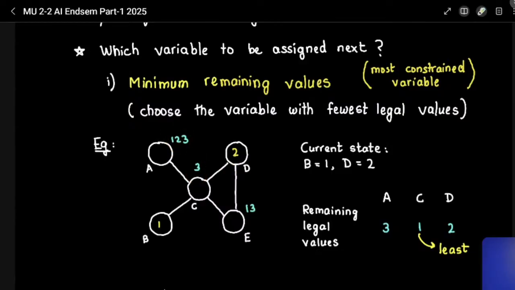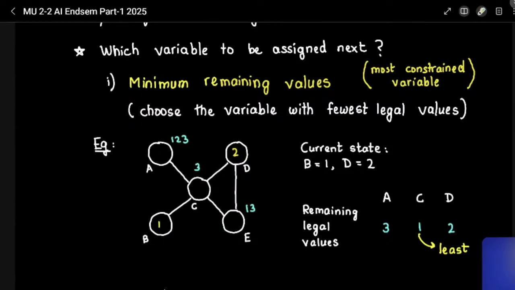C can possibly only take 3 because, think of this as a map coloring problem, the adjacent nodes can't have the same value, right? Assuming that is the constraint, here you can't put 1 or 2 because 1 is here, 2 is here. So only 3 is possible here. And if you look at this node, 2 is here, so you can't put 2. The only possible values you can use here are 1 or 3.